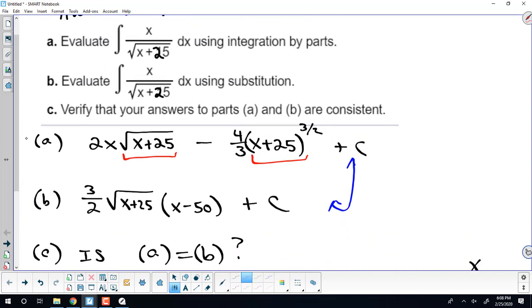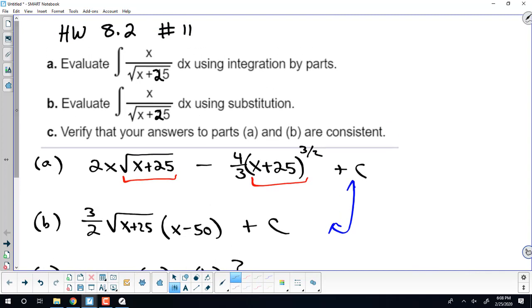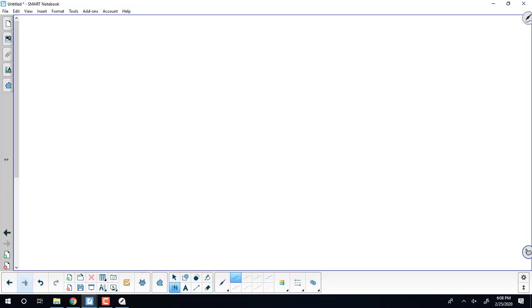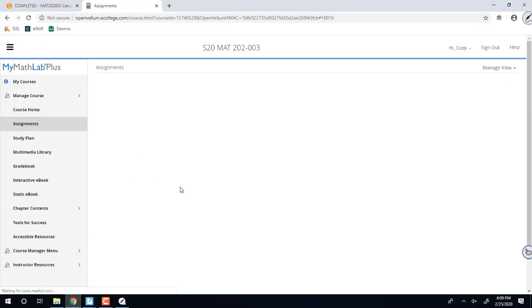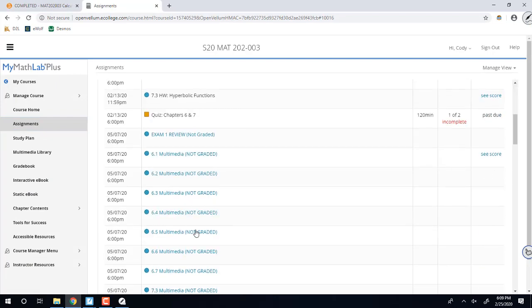8.2, number 11. I said number 1, it's number 11. Okay, yeah. Any other homework questions? 8.1, number 10. These ones on 8.1 are hard.